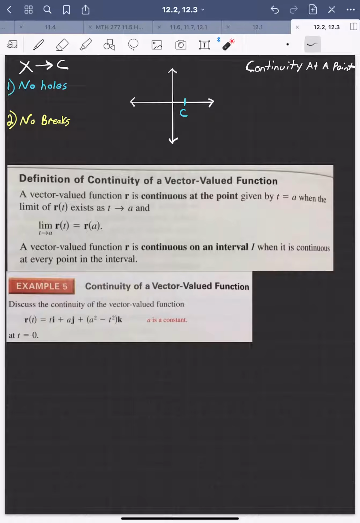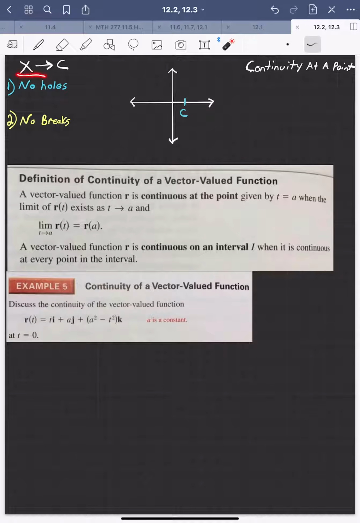But let's start with just the easy one. So the idea is x is approaching c, right? Notice that here I've highlighted there's some particular x value. All of these are x values. We're interested in this one particular x value, and it's special enough that we'll call it c.